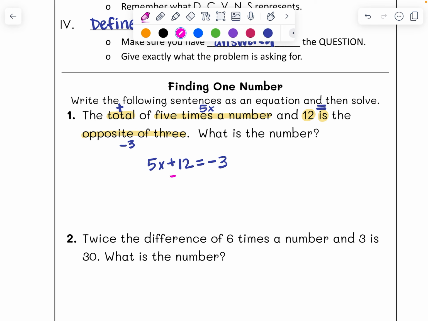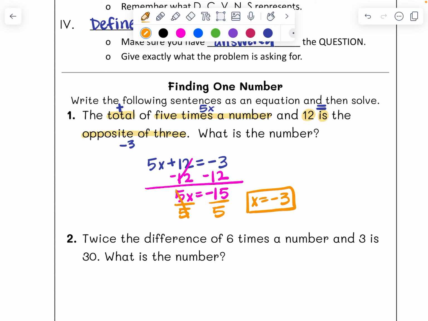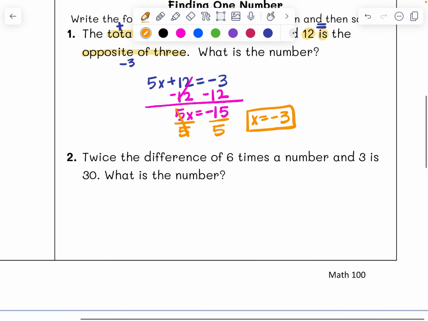First step will be subtract 12, and then divide by 5. x equals negative 3. So the number we don't know is negative 3.